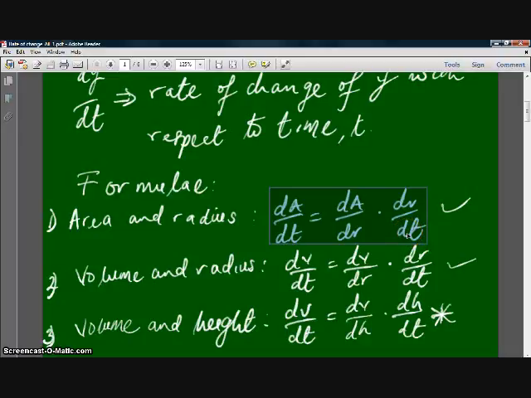It is similar to the chain rule or the composite function that I have treated before in one of my previous videos. The second formula is, if you have a question that links volume and radius, the formula you're going to use is this: dV dt is equal to dV dr times dr dt.